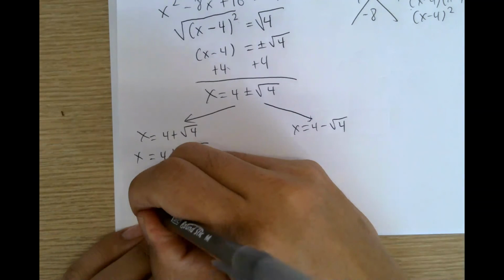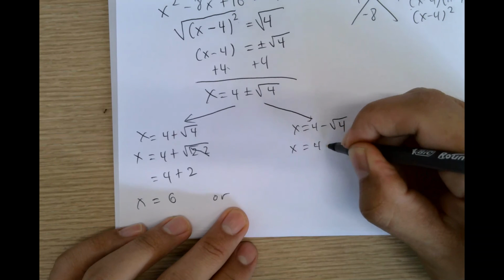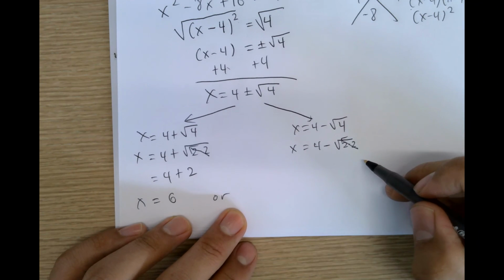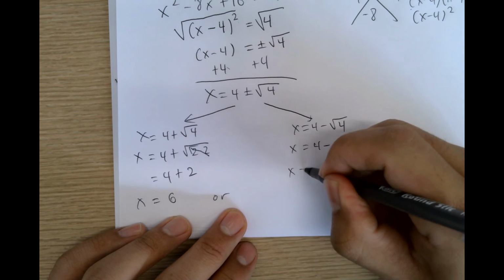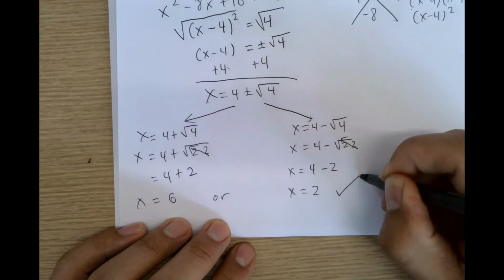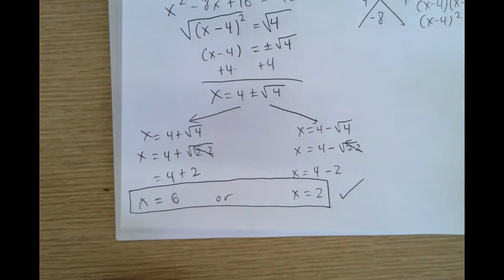So x is equal to 6, or x is equal to 4 minus the square root of 2 times 2, two of the same number, so then it becomes x is equal to 4 minus 2, x is equal to positive 2. So the two different answers we would get are x is equal to 6, or x is equal to positive 2.